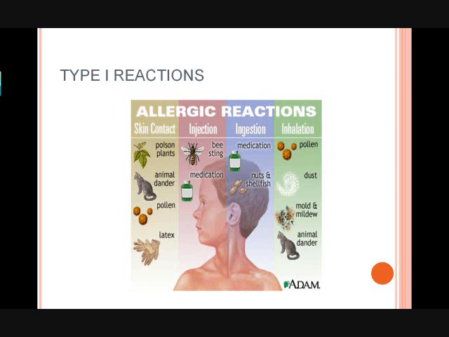Injection reactions would be bee sting or medications that are injected. Ingestion reactions could be medication. Some people are allergic to all sulfa medications. Nuts and shellfish ingestion. Inhalation could be pollen also, maybe some dust, mold and mildew, and once again animal dander.